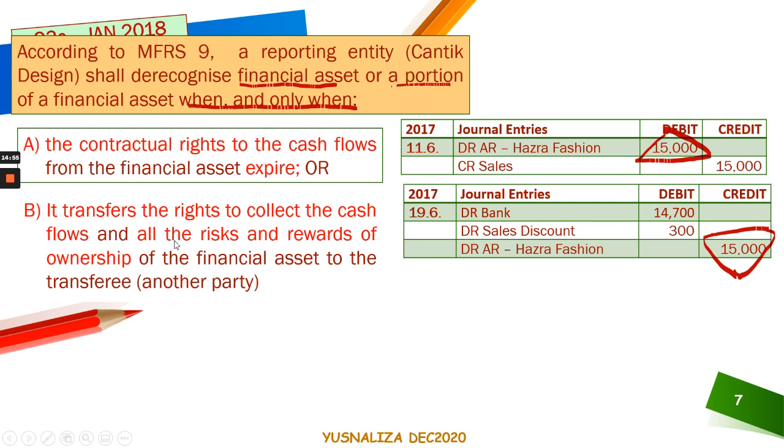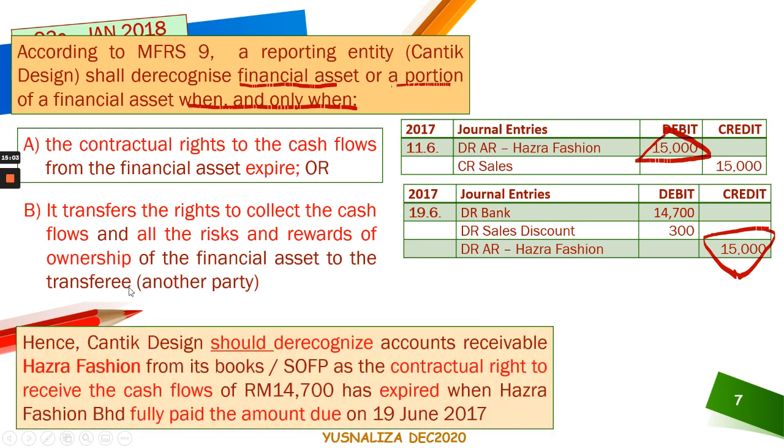For the second part, it's not relevant because we are focusing on the first part, because this is enough to be recognized. Therefore, for the second part, you still need to mention the transfer of rights and the risks and rewards being transferred, but here none. Then you need to make your conclusion whether you should derecognize, giving the reason why. So Cantik Design should derecognize Hazra Fashion.